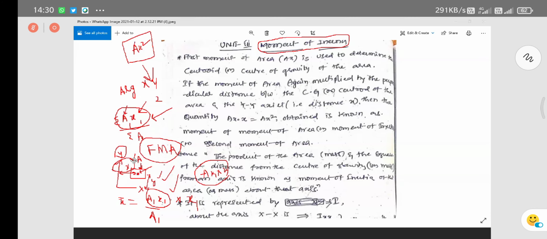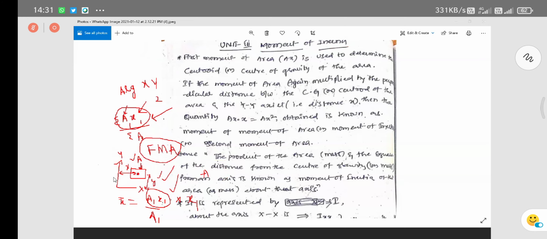So what is meant by moment or momentum? There is a difference between moment and momentum. So we know that according to Newton's, don't go there. Simply you will understand the applications of this particular thing.